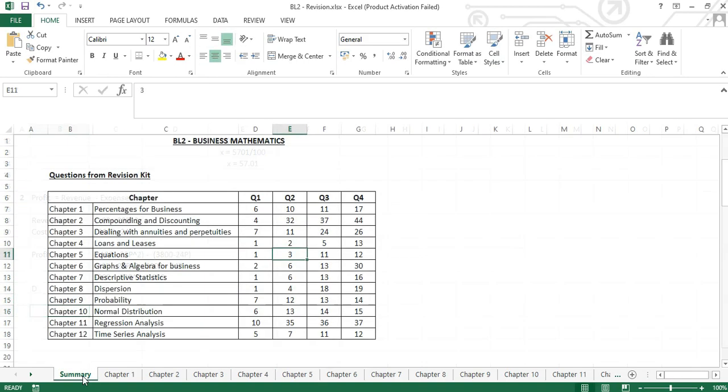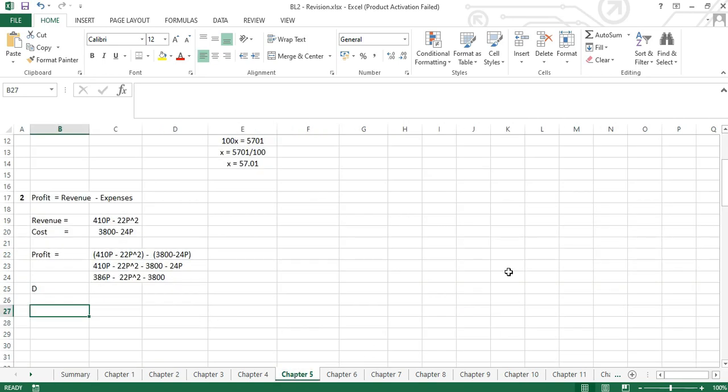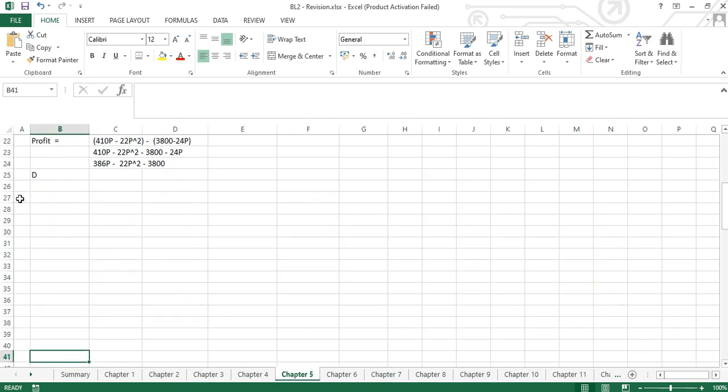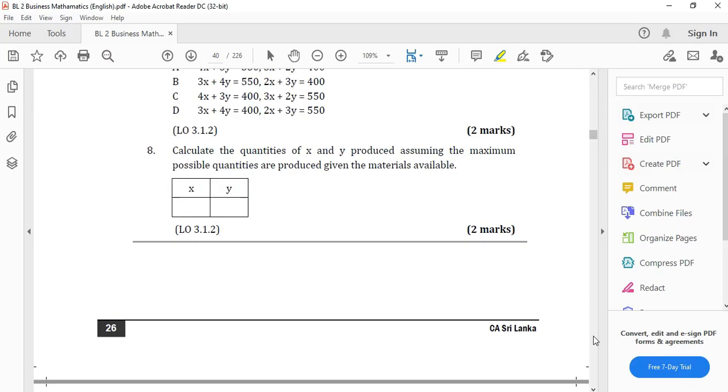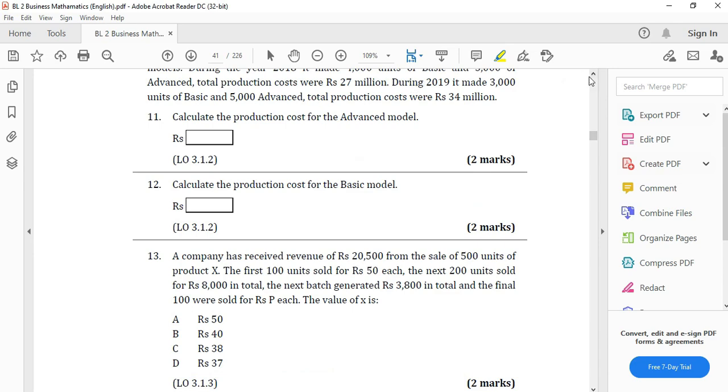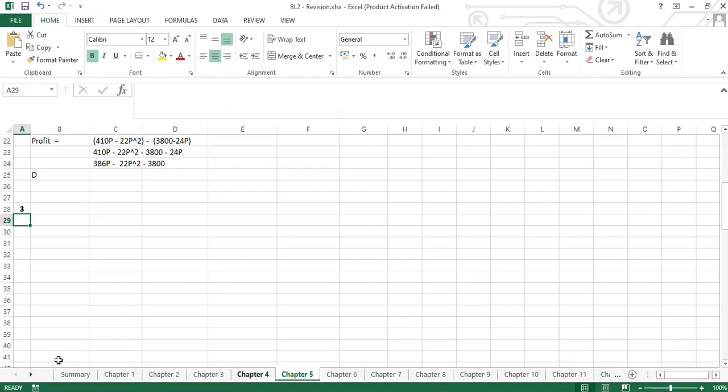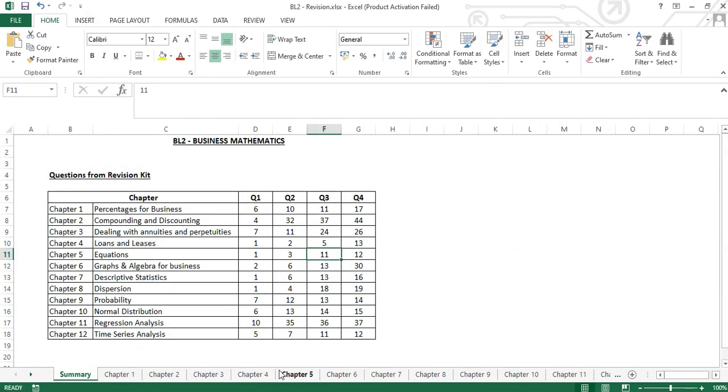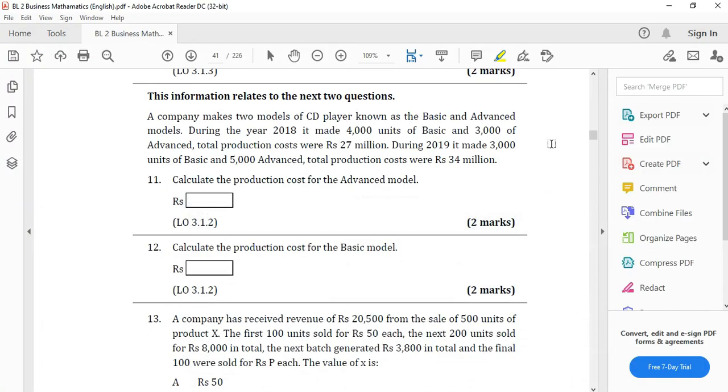Alright, next question, question 11. Okay, so they want us to do question 11 and 12. Fine. So, a company makes two models of CD players known as basic and advanced.